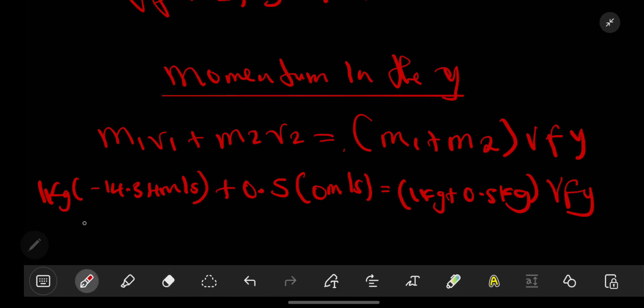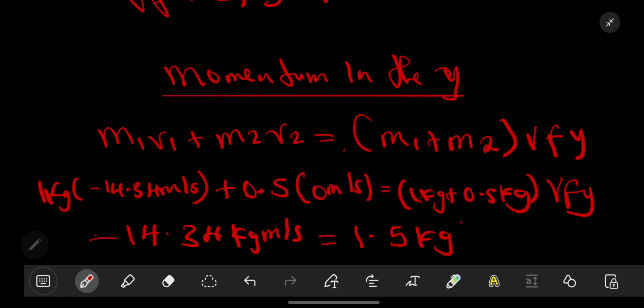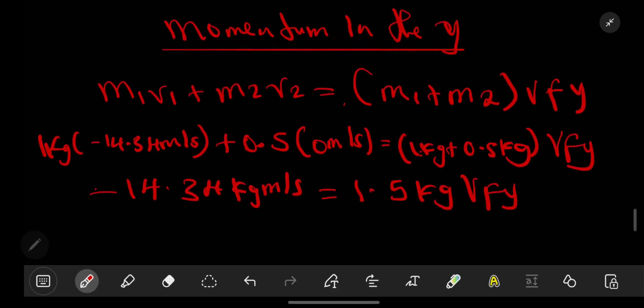So this will be 1 times negative 14, which is negative 14.34 kg meters per second, plus 0.5 times 0, which is 0 and won't change anything, so it's okay if we omit it, should be equal to 1 plus 0.5, which is 1.5 kg, times VF in the Y.